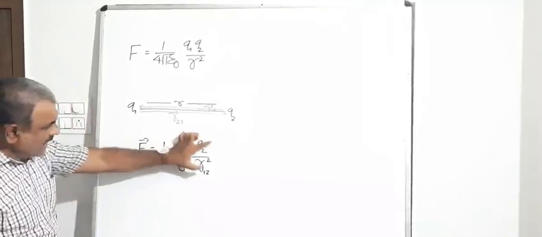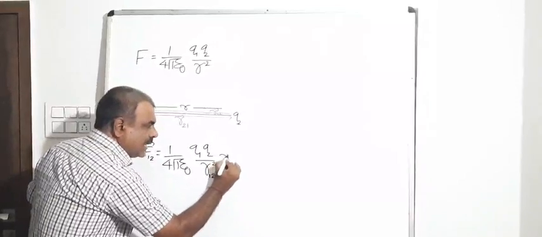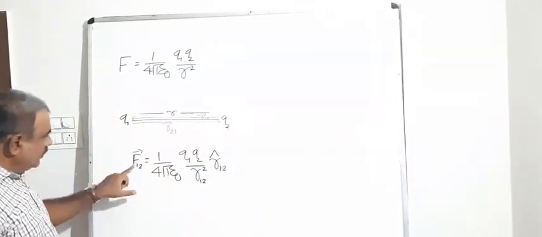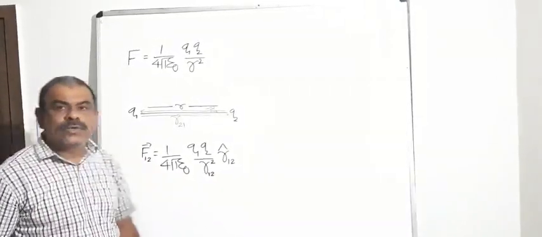But still we have only magnitude terms, so to give direction we'll write R12 cap. This is the force acting on charge 1 by charge 2 in vector form.